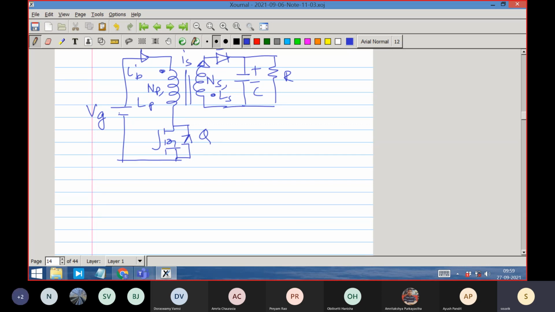We don't need any extra transformer since our job is just to get isolation. If we construct an inductor with two coils, two windings, that will be enough to accomplish the requirement of isolation. So that is what we have shown.